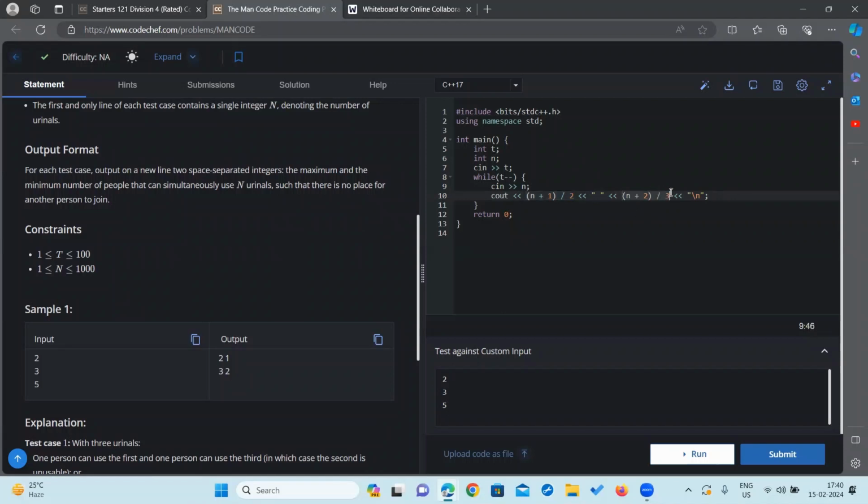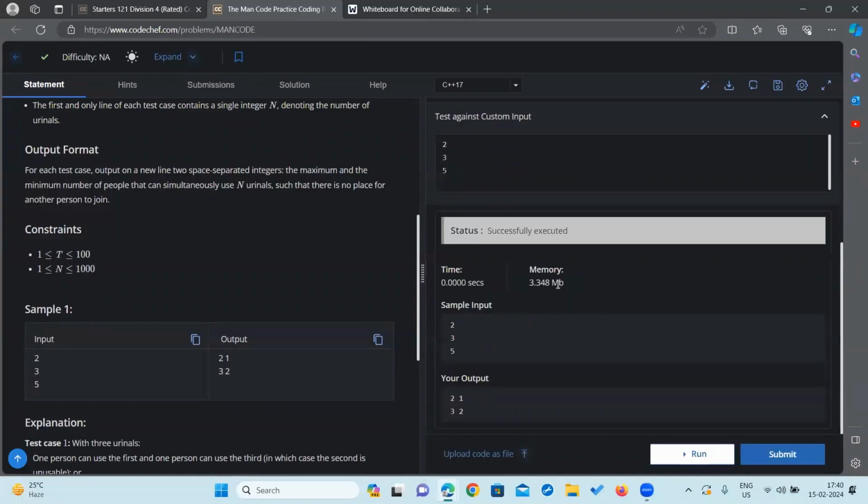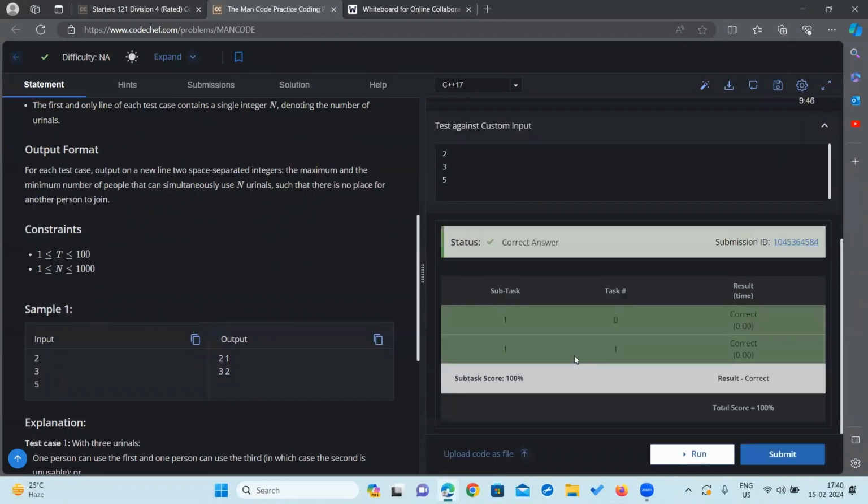And this one gives us the minimum number of people which will be using it without violating the condition. Let's run and check this. It was successful against the test case. Yeah, so it got accepted.